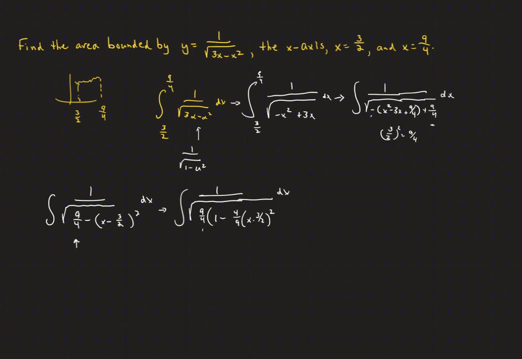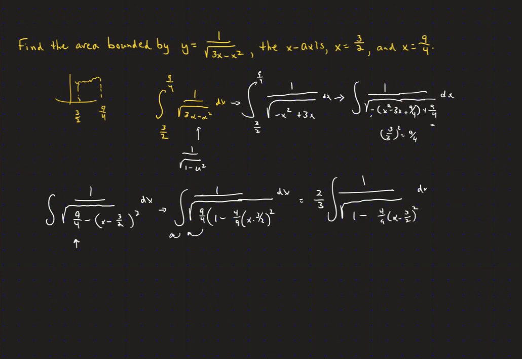Now the 9/4 can come outside, it gets square rooted, becomes 3 halves. It's in the denominator, so it'll come all the way out here as a 2/3, the reciprocal.